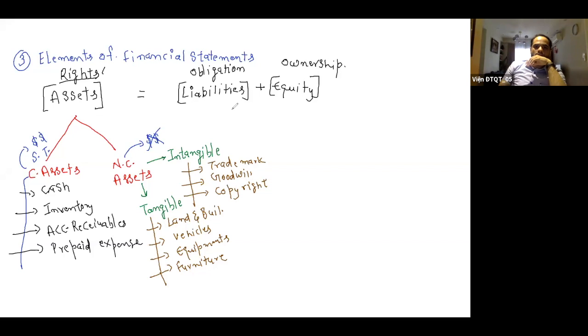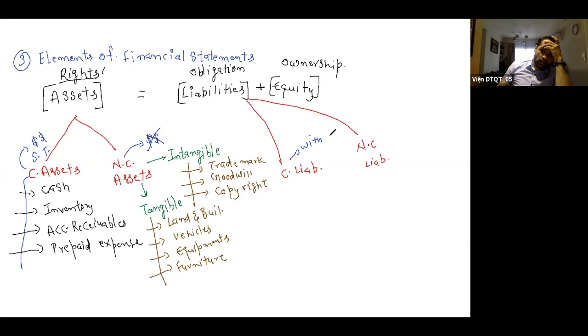So these are the assets. Next is liability. Liability is also divided into two parts: current liabilities and non-current liabilities. Now, a current liability is a liability that you need to pay off within a year.